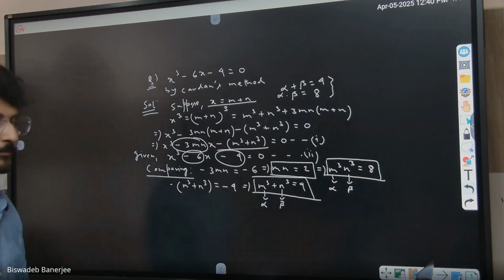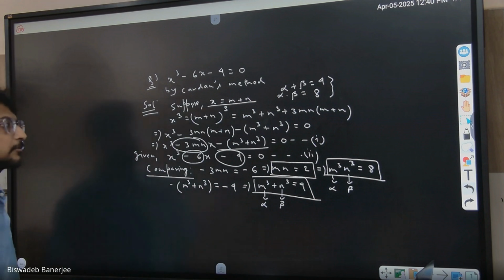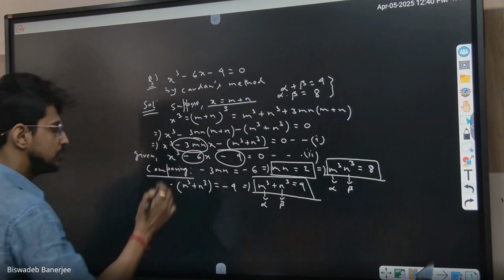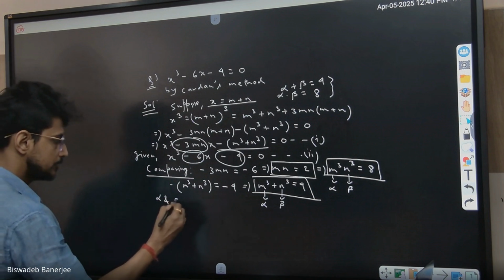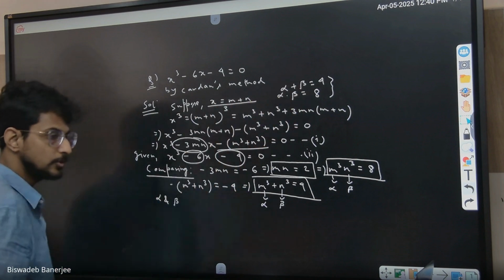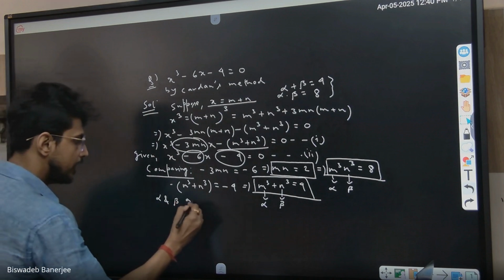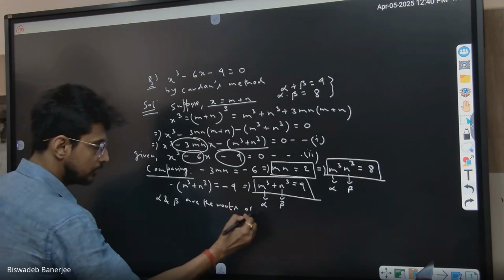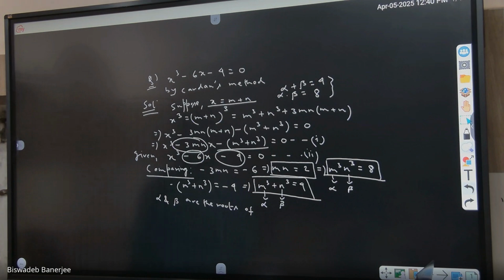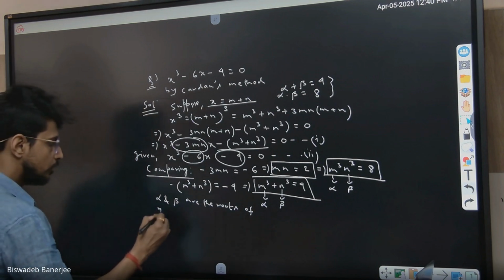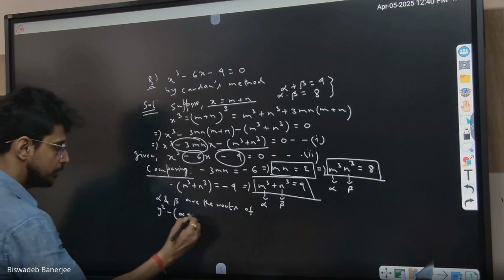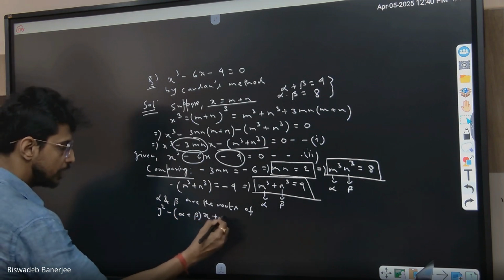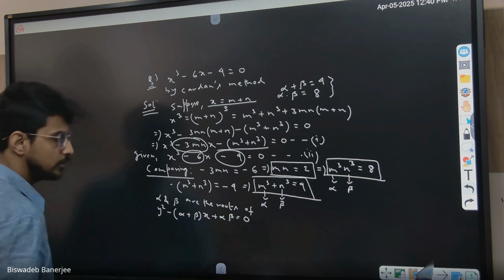This means alpha and beta are the roots. This is my sum of the roots, this is my product of the roots. Alpha and beta are the roots of the equation y square minus sum of the roots into y plus product of the roots is equal to 0.